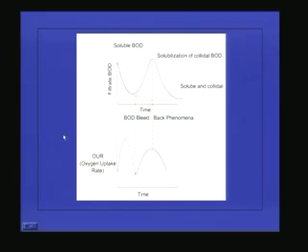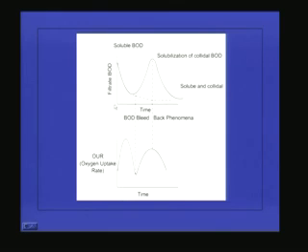If you see the filtrate BOD in such cases, we can see this trend. This is the filtrate BOD with respect to time. Initially, the filtrate BOD will be very high and the microorganisms will start utilizing it, so it will be reducing. If only soluble BOD is there, this curve will have a trend like this.